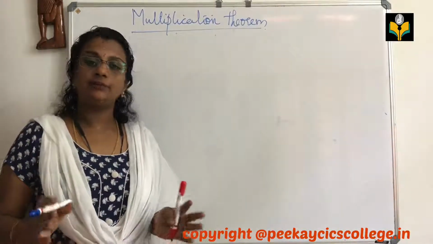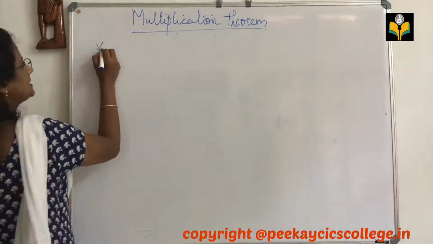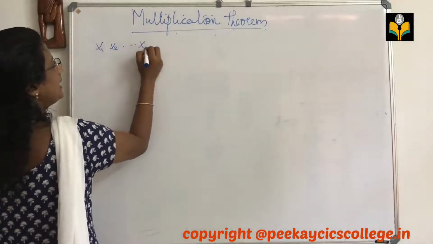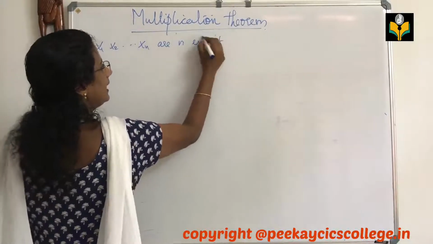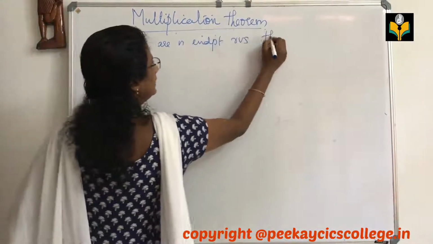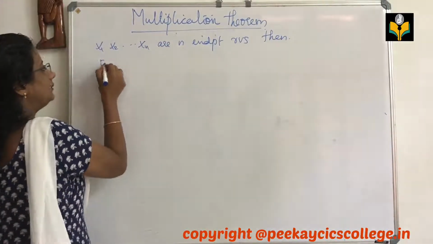Clear? Now we can extend the theorem to n number of random variables. Suppose X1, X2, etc., Xn are n independent random variables. Then we can apply the result n number of times.